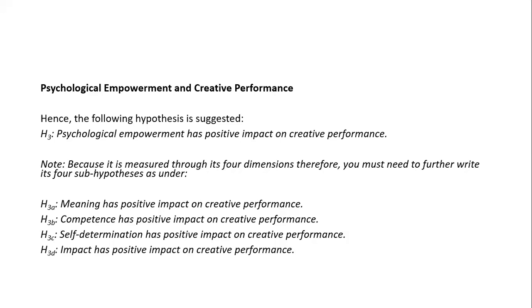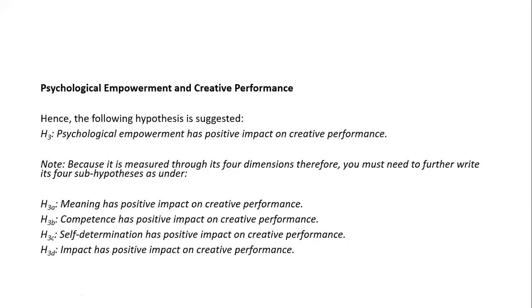So every dimension has to have a hypothesis as well. Okay, dimension is what? Psychological empowerment cannot be measured by itself. For example, we cannot measure psychological empowerment with 4 questions. We have to measure it with 2 questions of meaning, 3 questions of competence, 4 questions of self-determination, and 5 questions of impact.